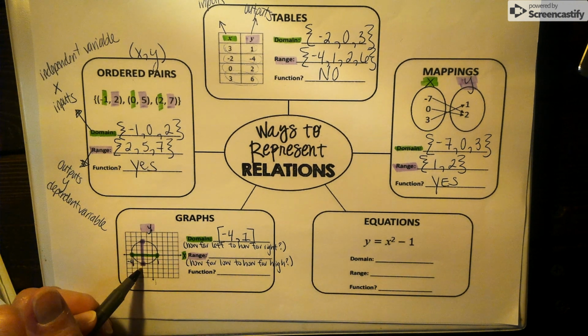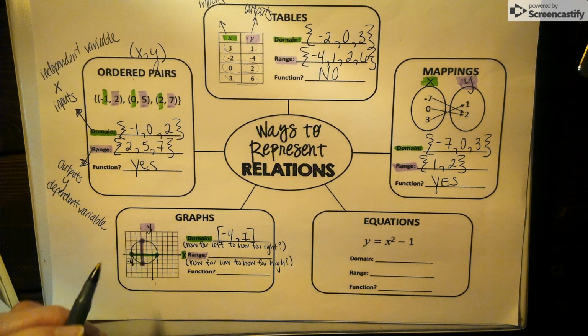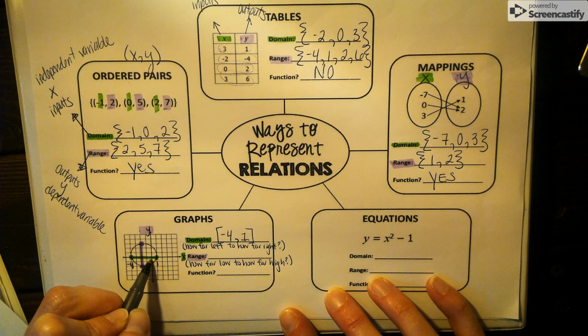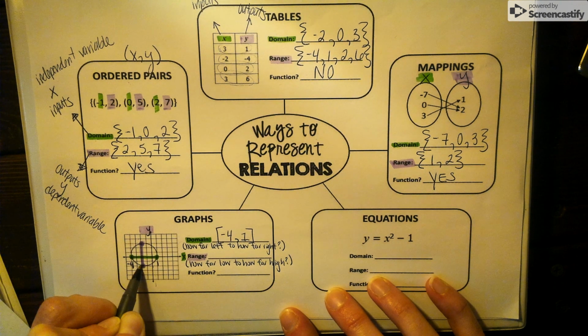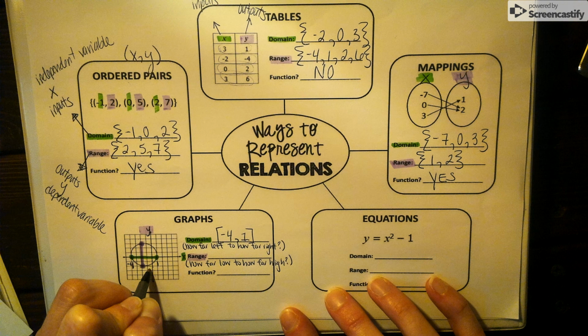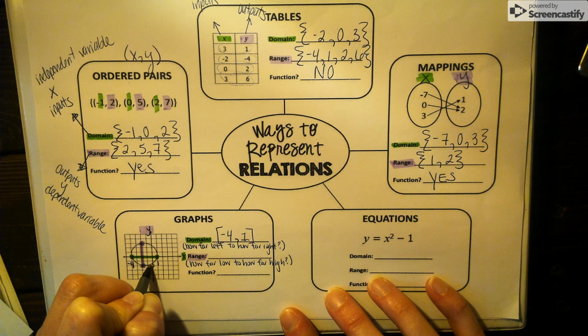So how far low to how far high? Again, on the coordinate plane, this is my y-axis, so I go down 1, down 2. So the lowest it goes on the y-axis is -2. I'm going to write that right here, right on the y-axis.